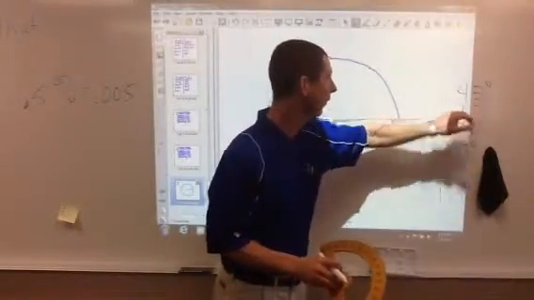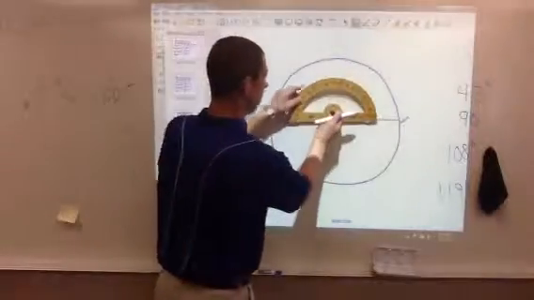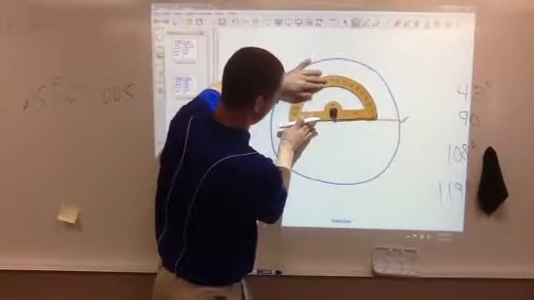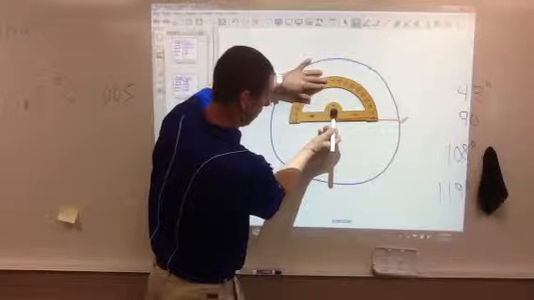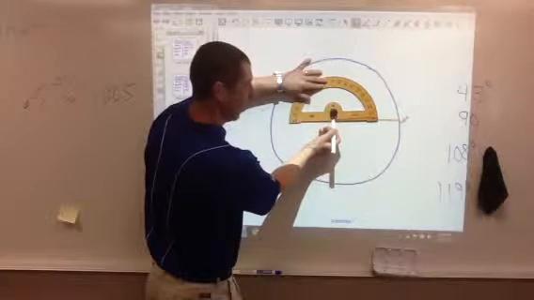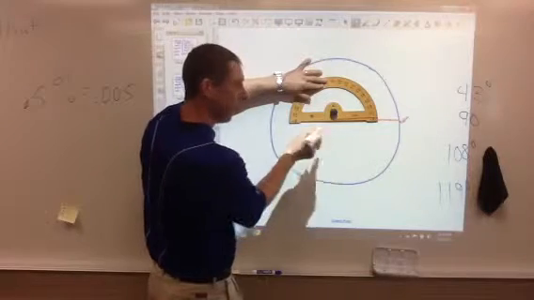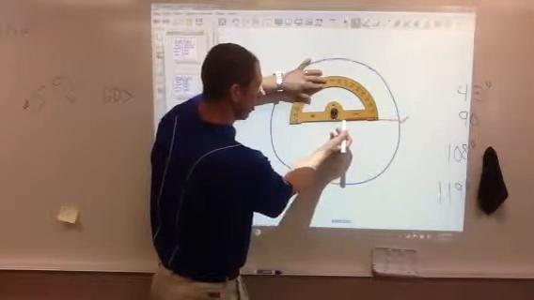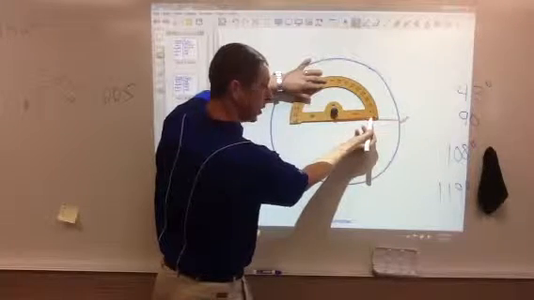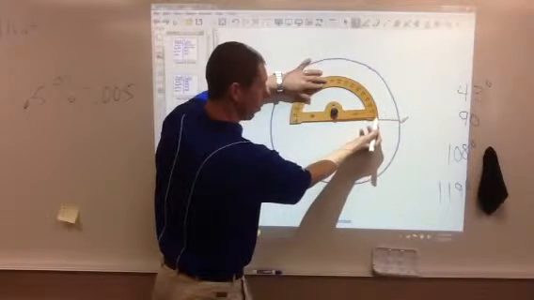I'll do math first. It's 43 degrees. So I set my protractor on here like this. Now, here is the center. All protractors will have a little hole here, or a spot where you start. And I encourage students to follow this line out. You start with 0 here. There's a 0 and there's a 180.